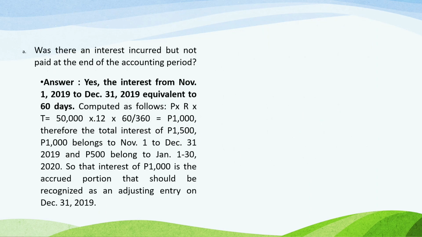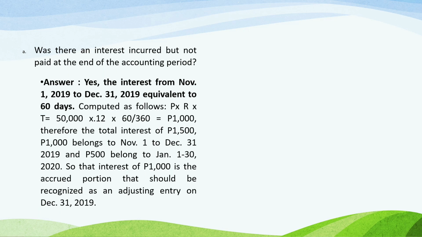Was there interest incurred but not paid at the end of the accounting period? So the interest from November 1 until December 31, 2019, which is equivalent to 60 days or 2 months, is incurred but not yet paid. So we have 50,000 times 0.12 times 60 divided by 360, that is 1,000.